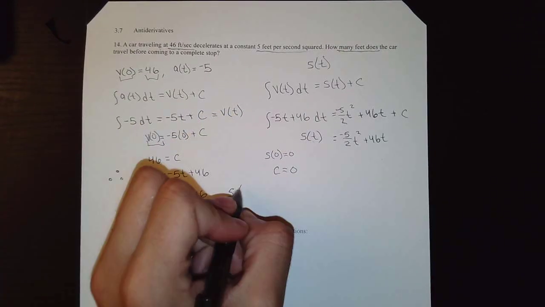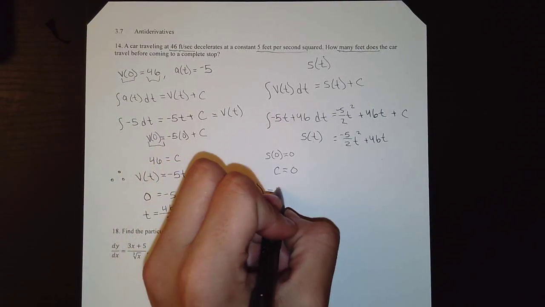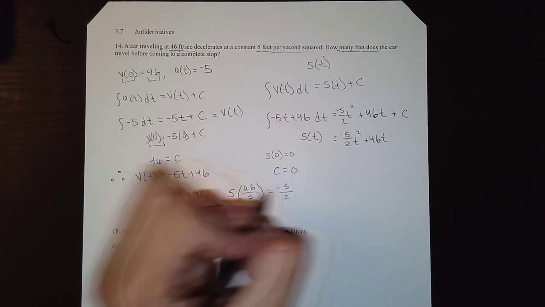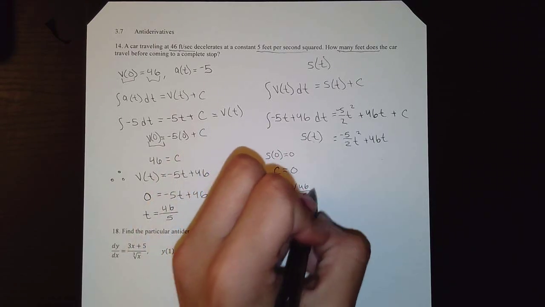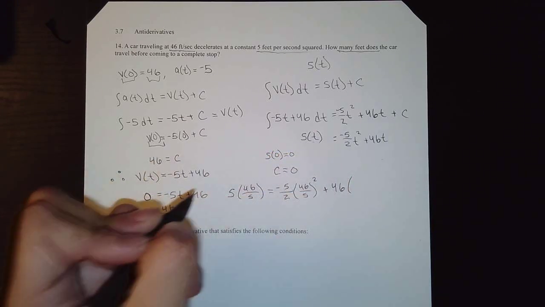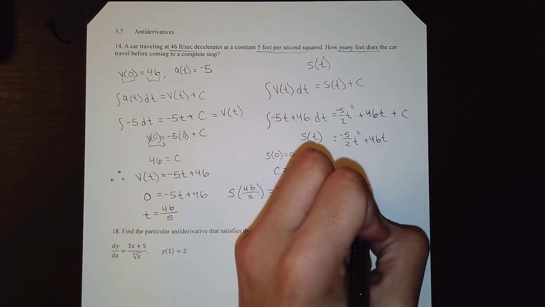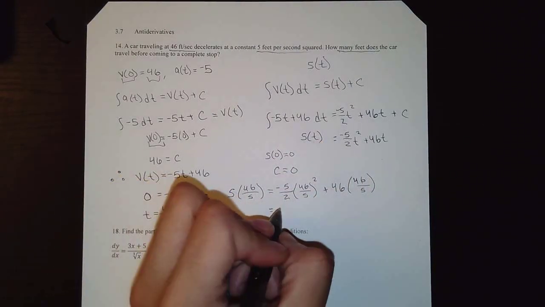So s of 46 over 5 is equal to negative 5 divided by 2 times the quantity 46 over 5 squared plus 46 times the quantity 46 over 5. And you can do a little simplification.